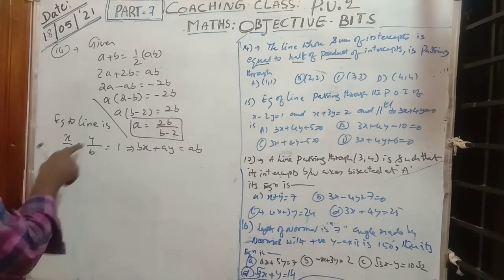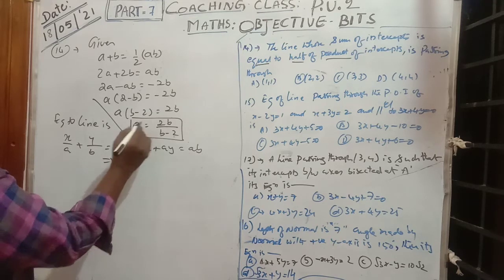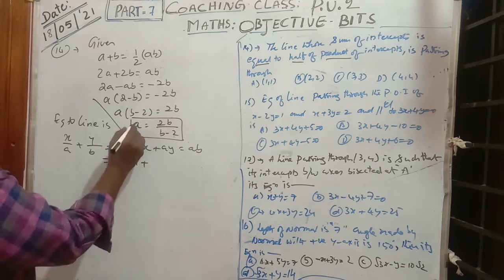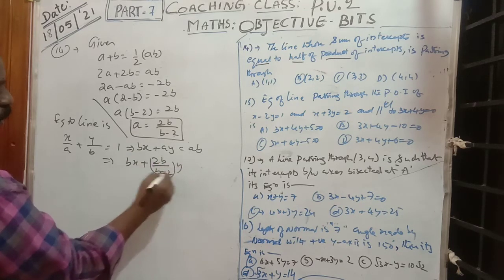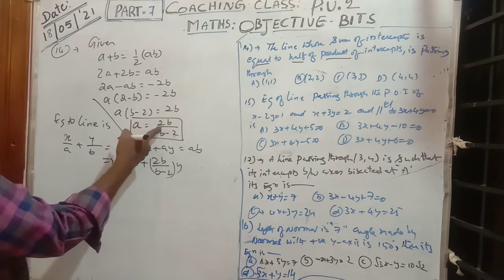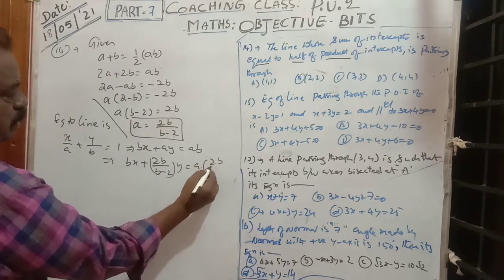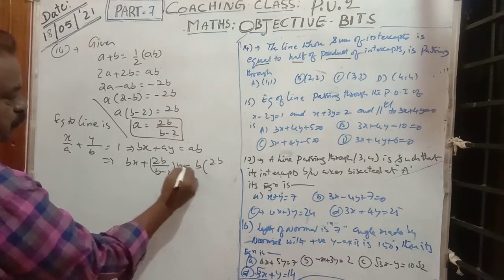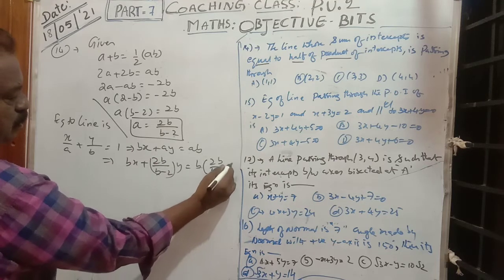That implies Bx plus what is A? 2B by B minus 2 into y. I am substituting the value of A with this condition, A in terms of 2B by B minus 2.